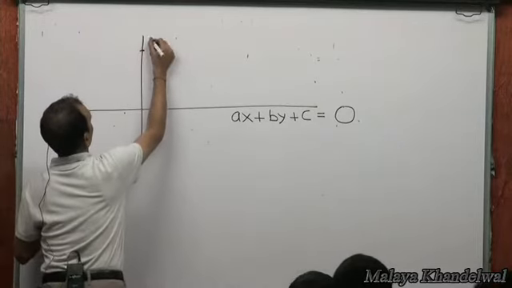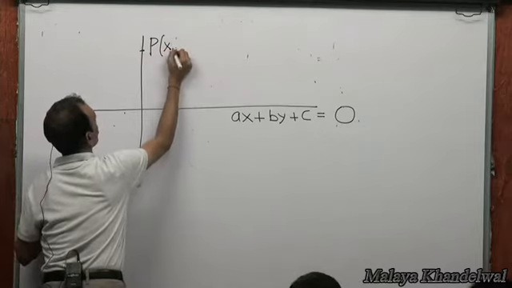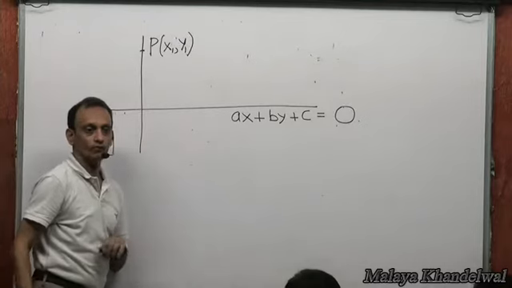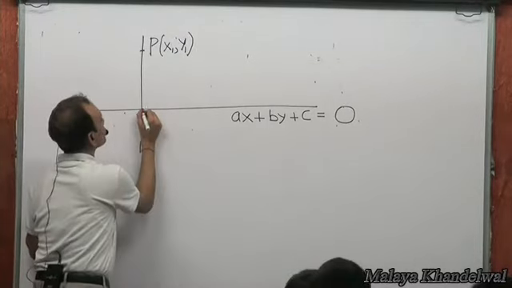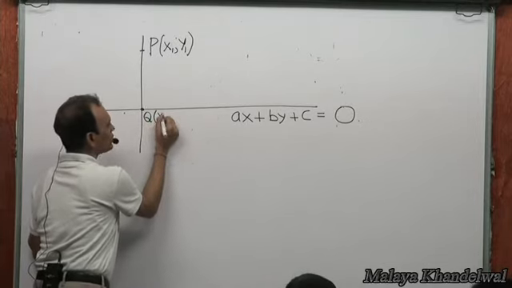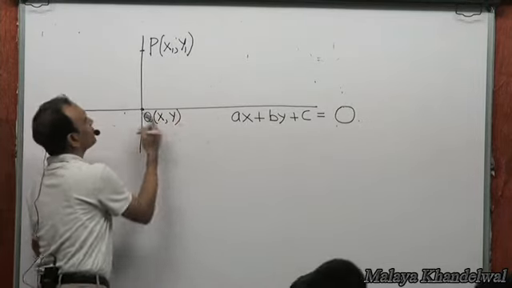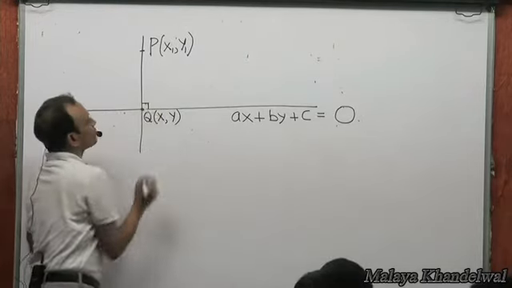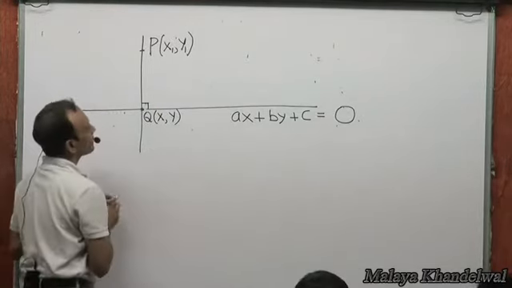And a point P not lying on the line. Suppose this point Q was the foot of the perpendicular drawn from P onto the line. Q was the foot of the perpendicular drawn from P onto the line, right?